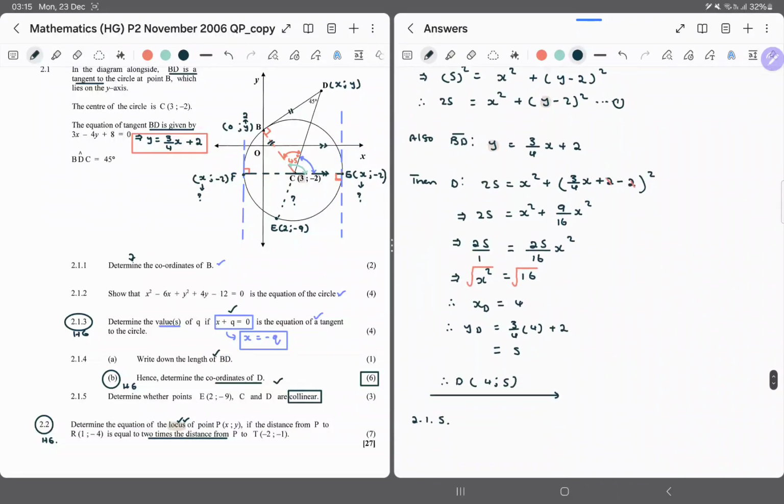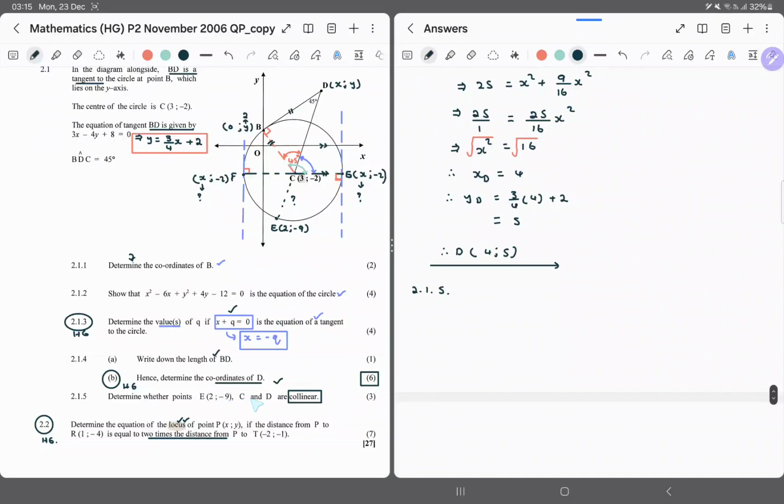Because I do believe there's enough space to prove collinear points is not a problem. So let's see the gradient of CE is equal to y at C, which is minus 2 minus 9, that's plus 9.